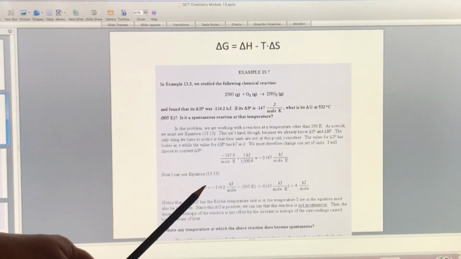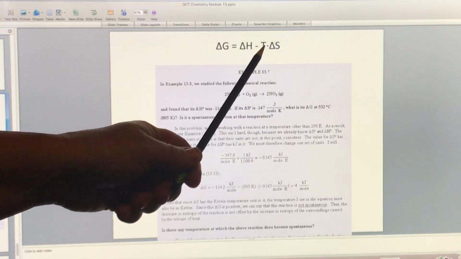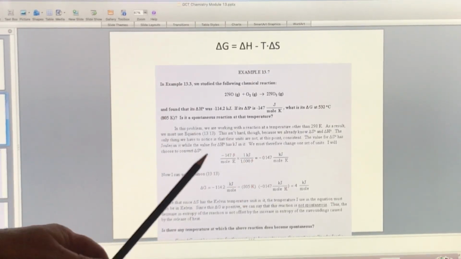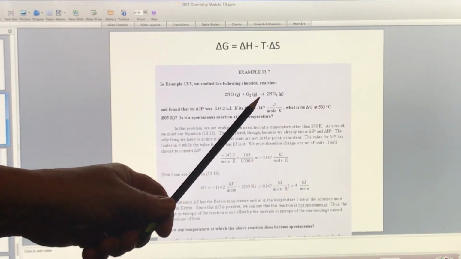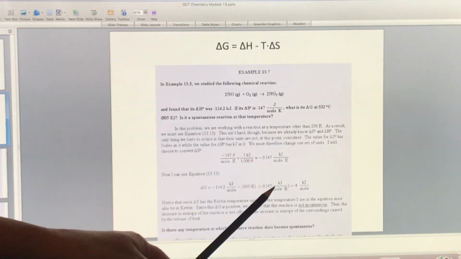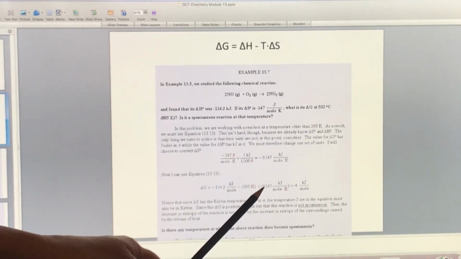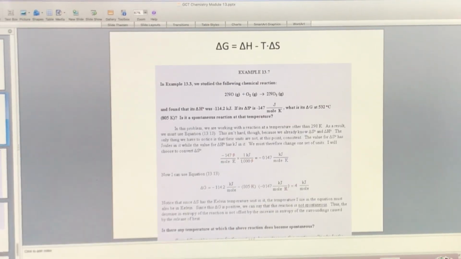So our delta G equals delta H, which is given here, negative 114.2 kilojoules per mole. Then we have minus the temperature, which was given as 805 Kelvin. And then the delta S was given, and we converted it from joules to kilojoules, so we'd substitute in the 0.147 kilojoules over moles Kelvin, and we get 4 kilojoules over moles.